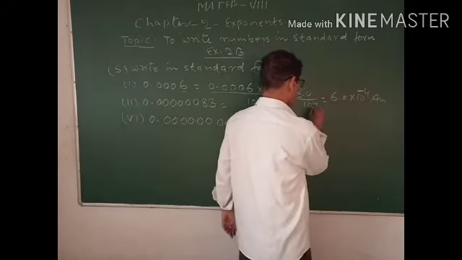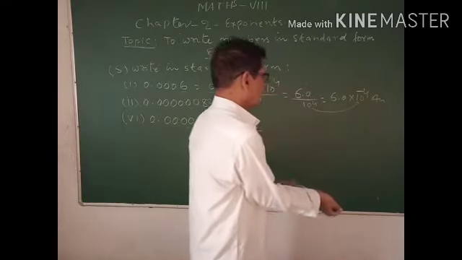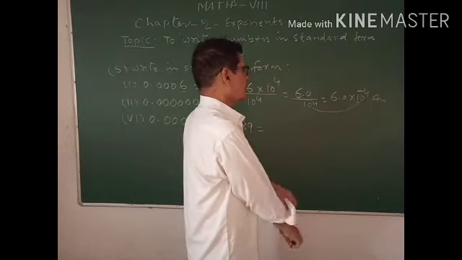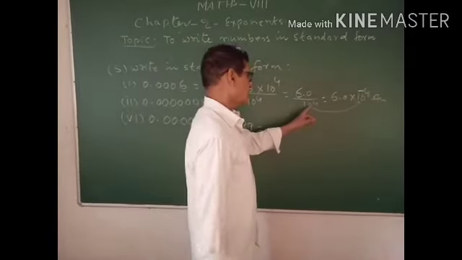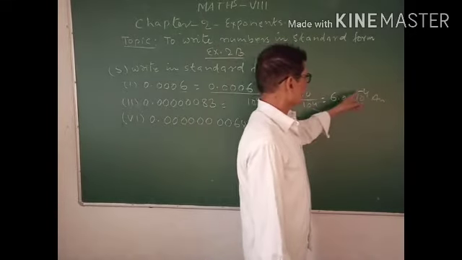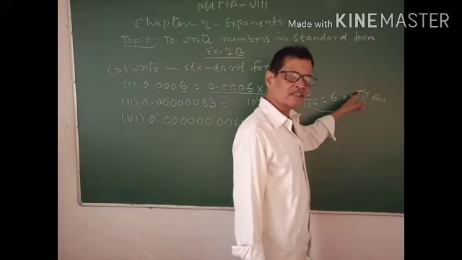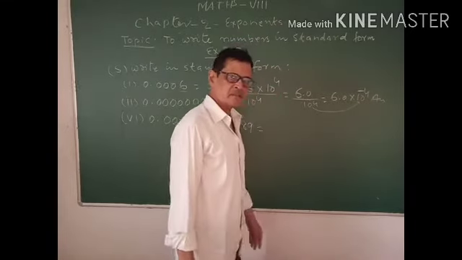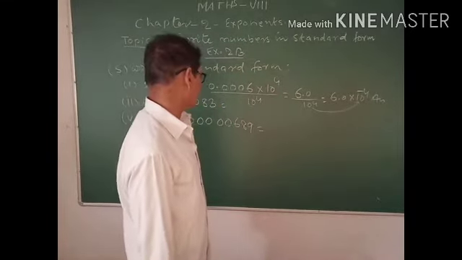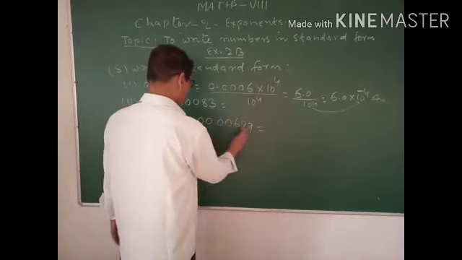Now you can take it out like this by exponent law. एक्सपोनेंट लॉ के अनुसार आप 10 टू द पावर 4 को ऊपर ले जा सकते हैं, और जब ये ऊपर जाएगा तो इसका एक्सपोनेंट जो है साइन उसका निगेटिव हो जाता है. I have already explained all these things in the theory of exponent. Now come to this example.